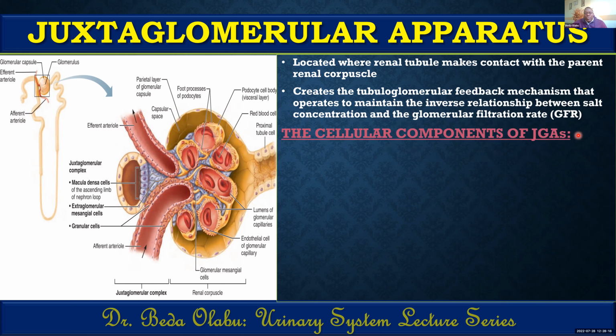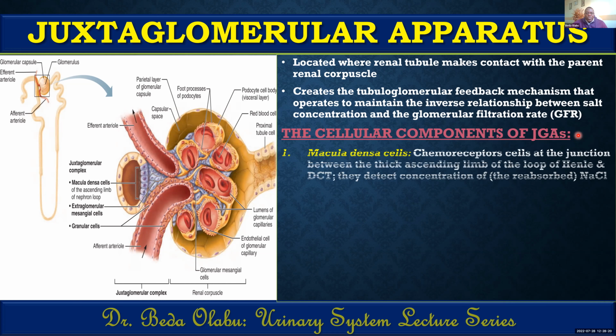What are the cellular components of the juxtaglomerular apparatus? We have the macula densa cells that I mentioned earlier. They are chemoreceptor cells. They are just specialized epithelial cells, but they're chemoreceptor cells. Their role is to detect the concentration of sodium chloride within the renal tubule. Now, the point is this, that this region reabsorbs sodium chloride.